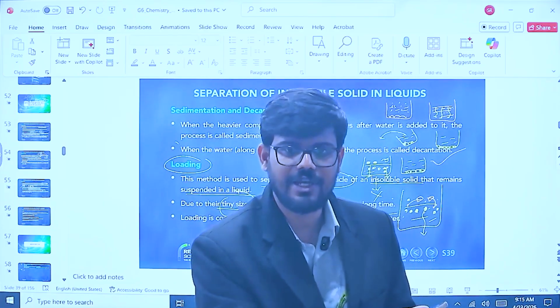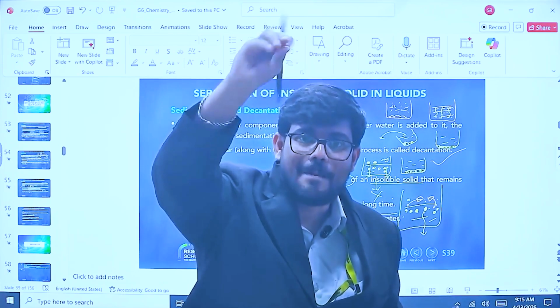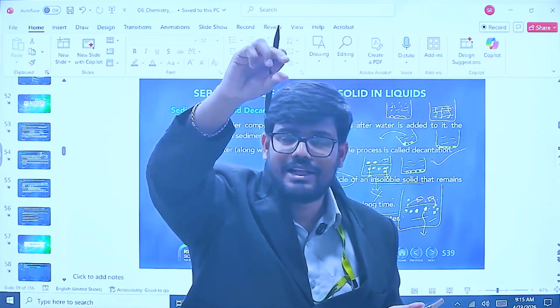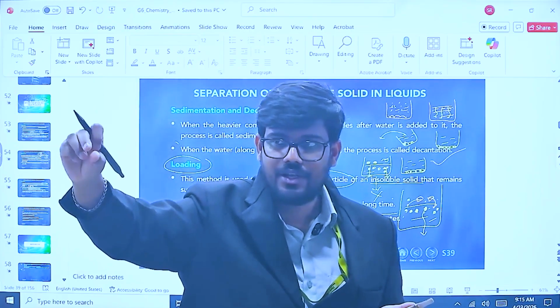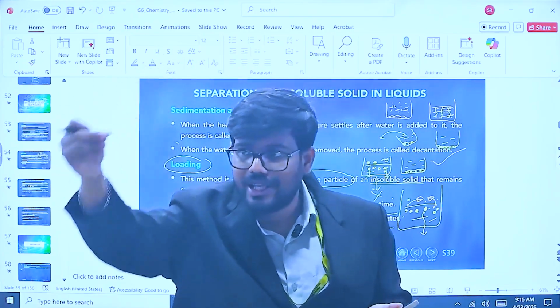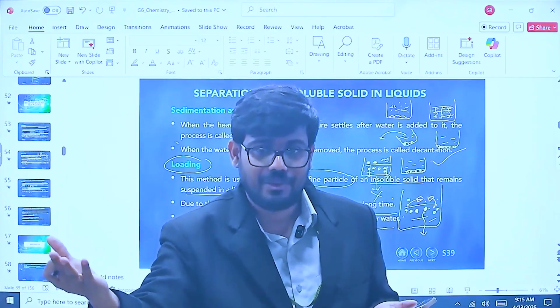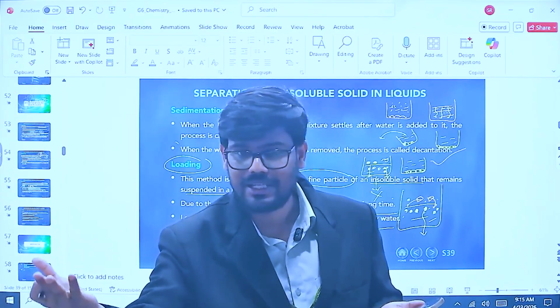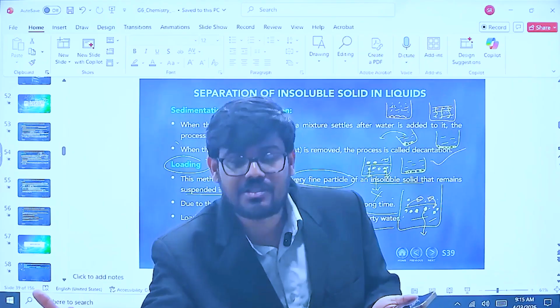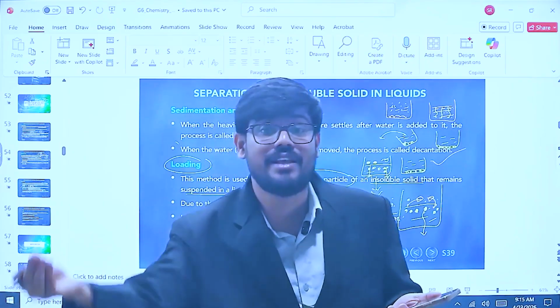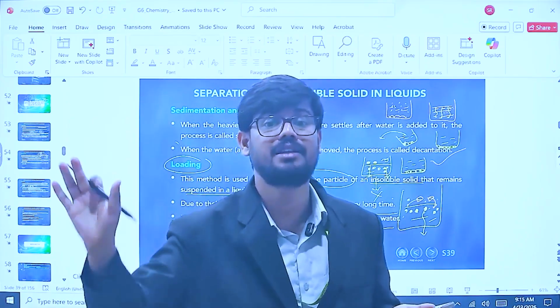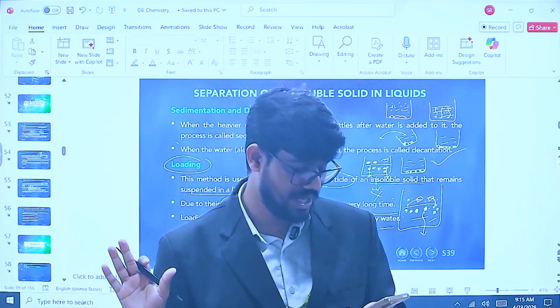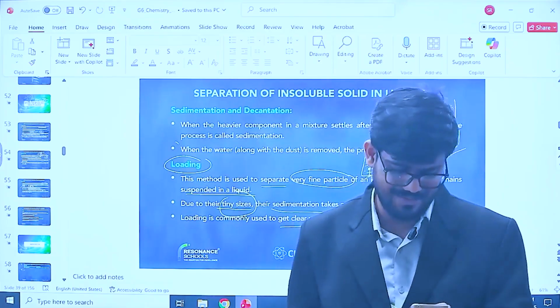You are converting liquid into vapor. So that vapor, using cold water, you are converting into liquid. Once it becomes liquid, you have to collect that liquid in a container. So that container is called the receiver, means it is receiving that liquid substance, okay? So that is the receiver flask. It's a general meaning.